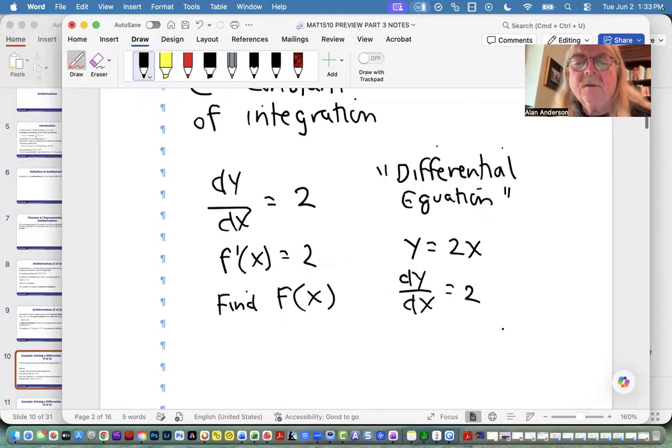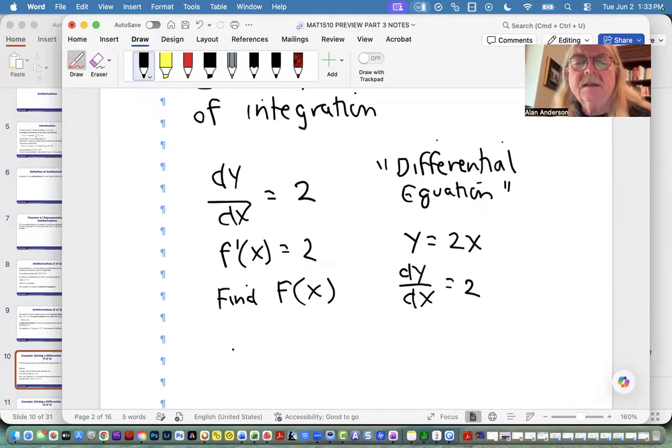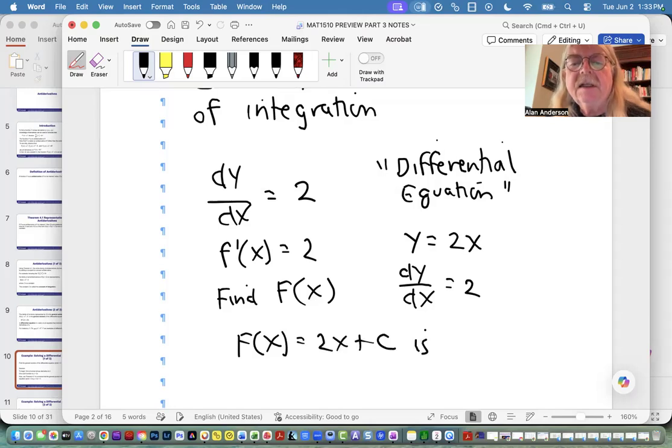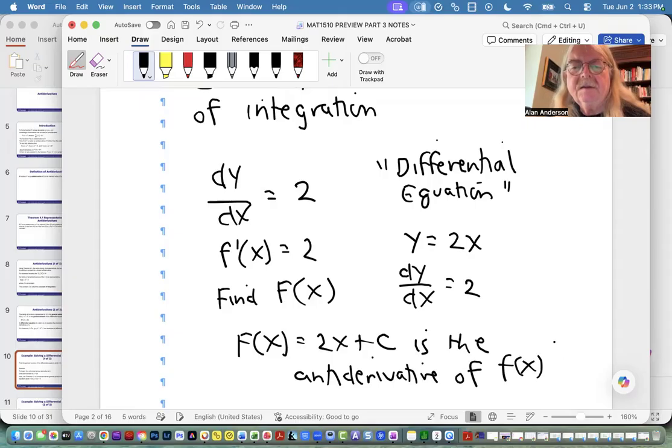So therefore, this means that, and we'll add the c here, the antiderivative of f prime of x equals 2 is 2x plus c.